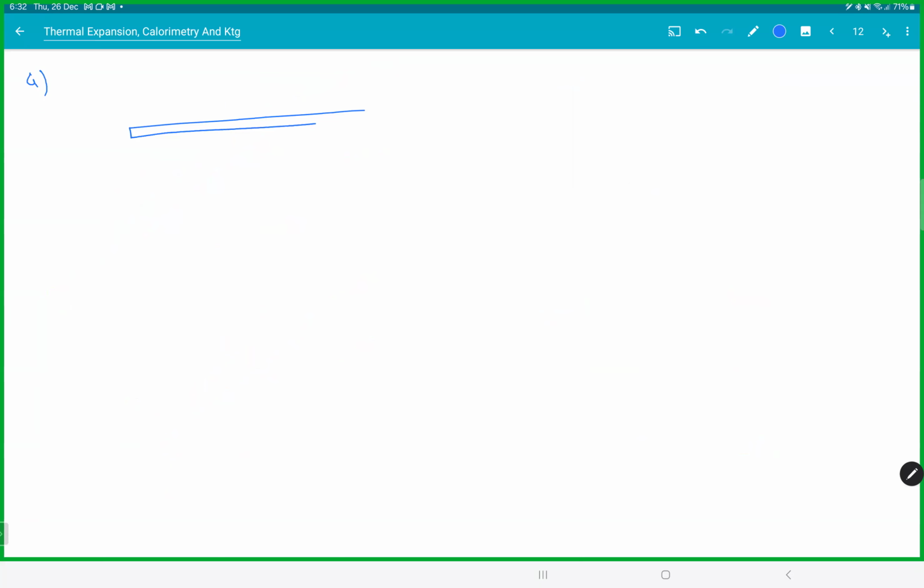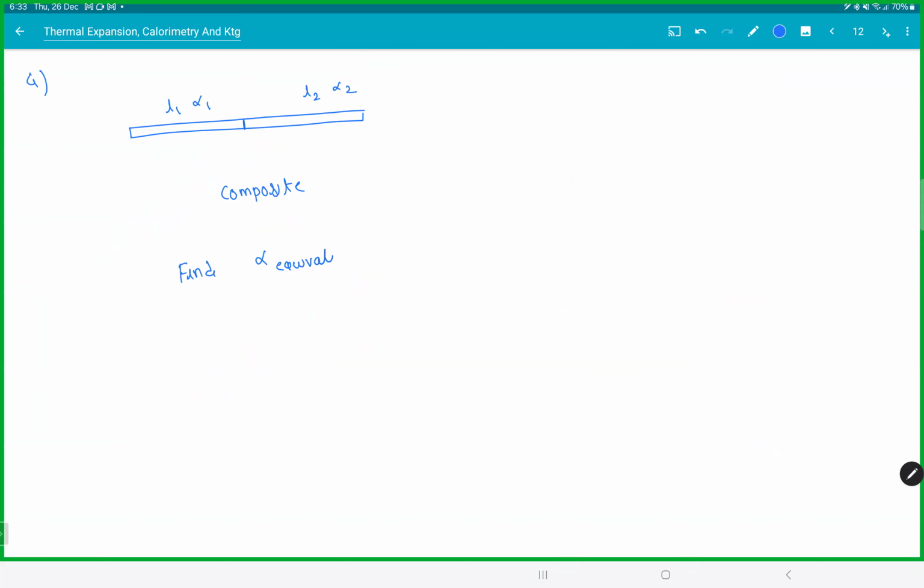We have a composite rod. This is L1, alpha 1, L2, alpha 2. So in the exam they'll simply say like this, find alpha equivalent.